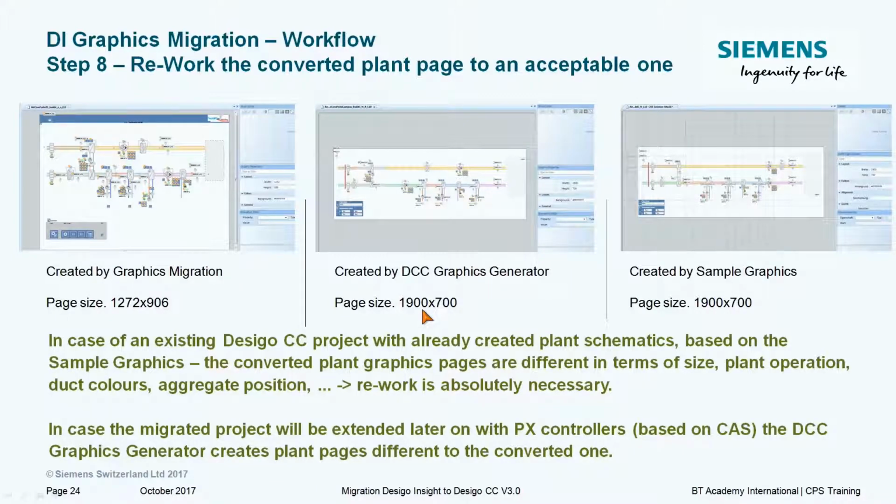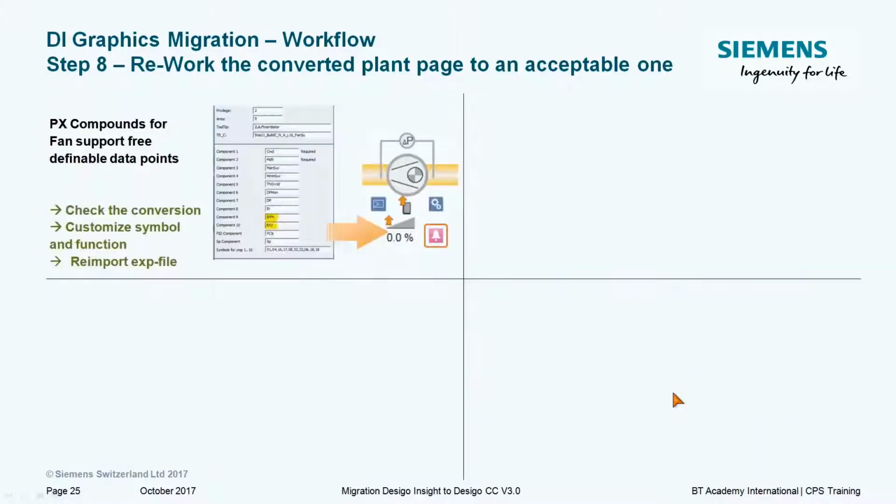So in case of an existing Desigo CC project with already created plant schematics based on the sample graphics, the converted plant graphics pages are different in terms of size, okay? So does the customer accept this? Do you know that this project is going to be extended, and so on and so on? This is a situation which is there.